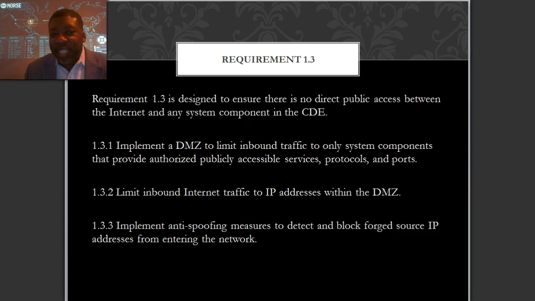If direct access is allowed between public systems and the CDE, the protections offered by the firewalls are bypassed, and system components storing cardholder data may be exposed to compromise. So that's it in a nutshell.